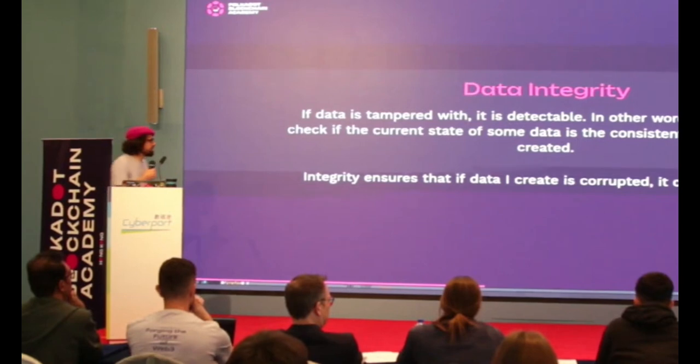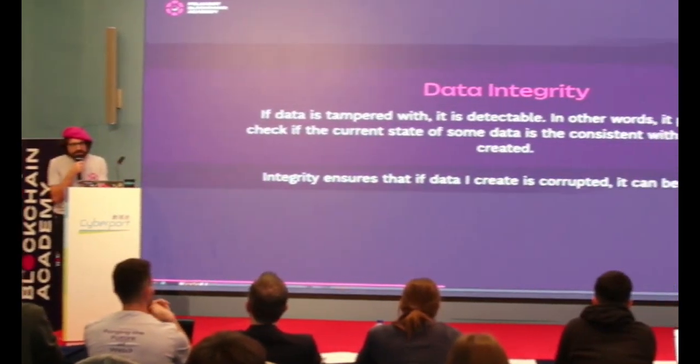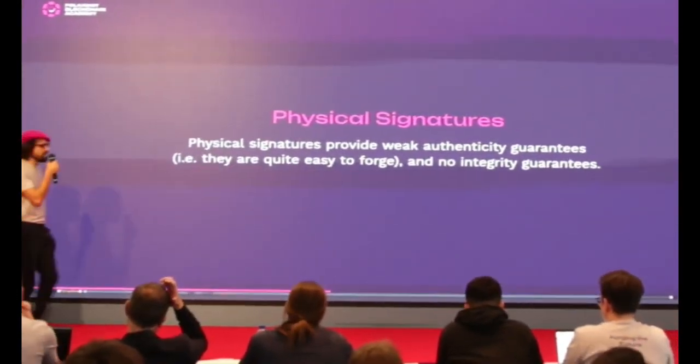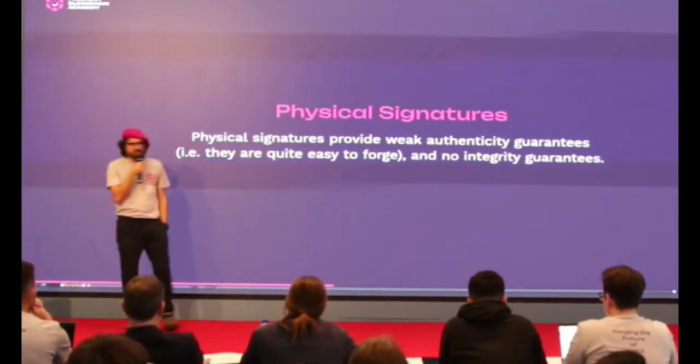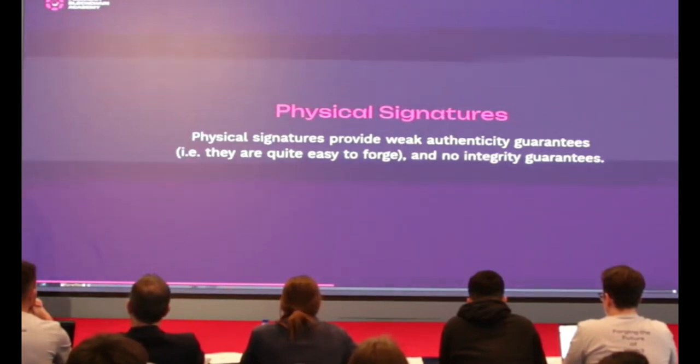This is also done partially by digital signatures, similar to the physical signatures that we use here. I sign a check and I give it to you, but physical signatures are very, very weak in providing this.